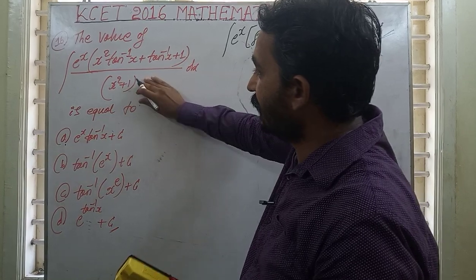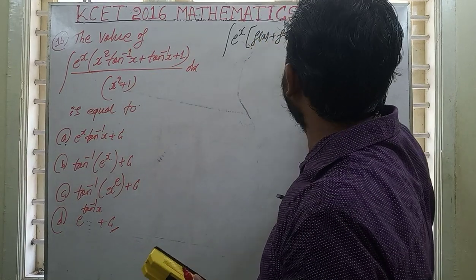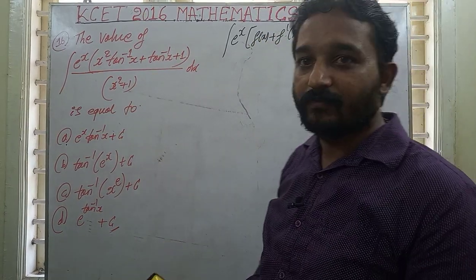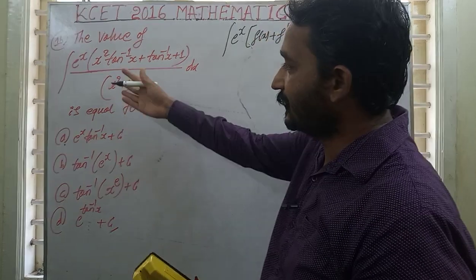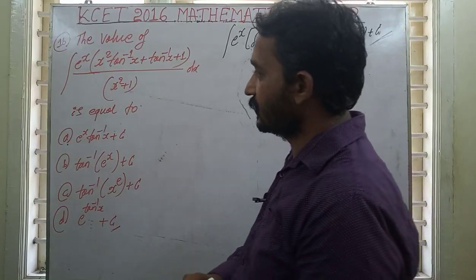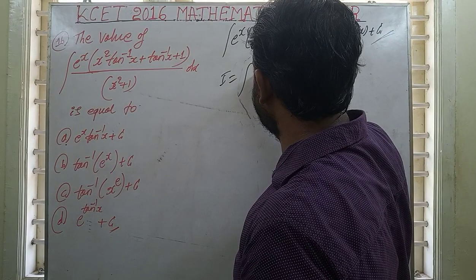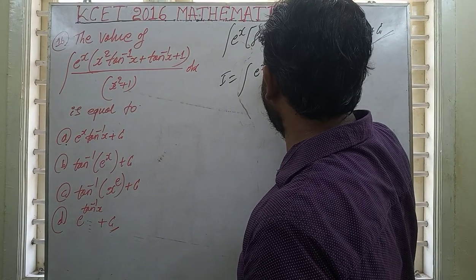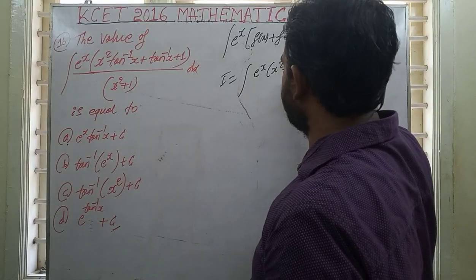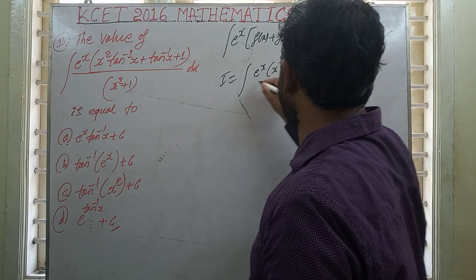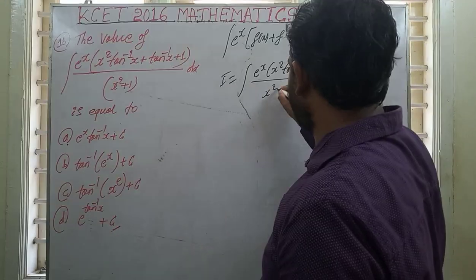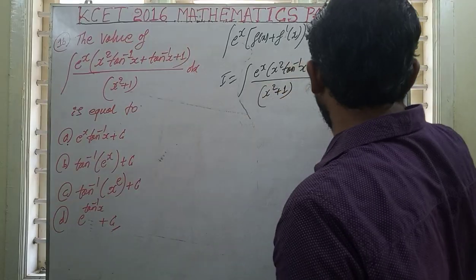Now this integrand is converted into this type, and directly we can write the answer e^x f(x). So now in this question, I is equal to the integral of e^x times [x² tan⁻¹x + tan⁻¹x + 1] all divided by x² + 1, with respect to x.